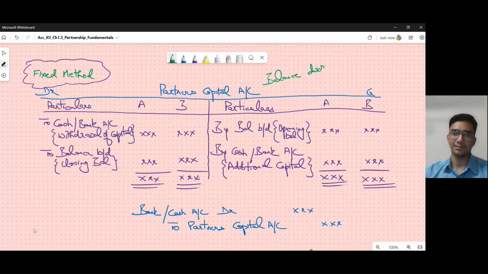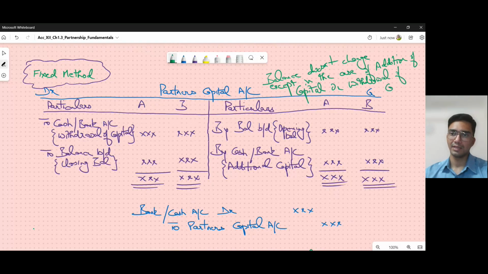Balance doesn't change except in the case of addition of capital or withdrawal of capital. So these are the only 2 cases in which this account's balance will change.